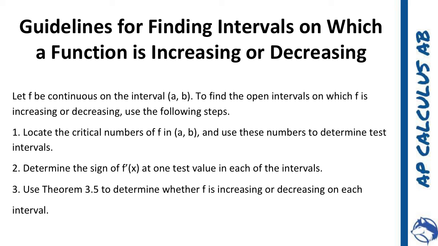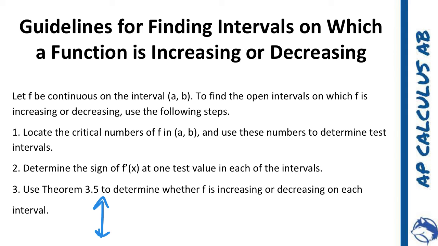Number two, determine the sign of f prime of x at one test value in each of the intervals. Remember, you can choose any value as long as it's between the interval or just outside that area. Then for number three, we're going to use Theorem 3.5, which is the first derivative test, to determine whether it's increasing or decreasing on the interval.